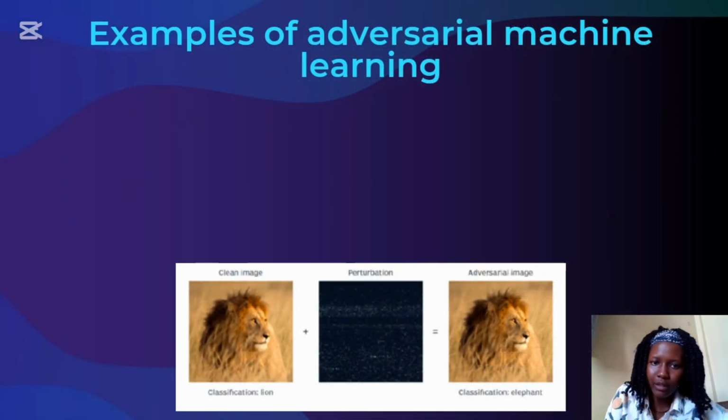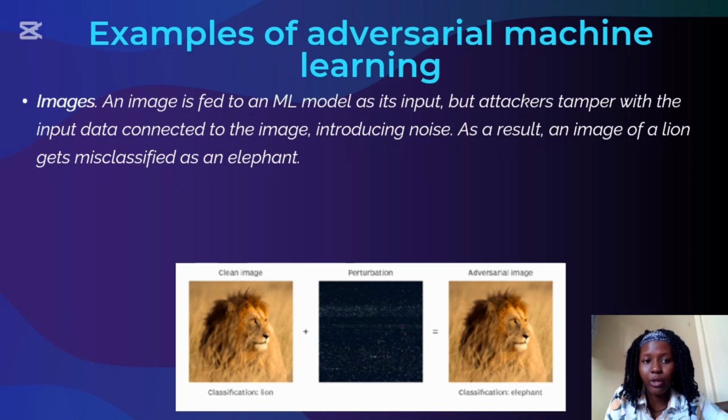We are going to look at examples of adversarial machine learning, starting with images. An image is fed to a machine learning model as input, but attackers tamper with the input data connected to the image, introducing noise, and as a result, an image of a lion will get misclassified as that of an elephant. In this example, you can see that we have a clean image and the machine learning model obviously classified it as a lion.